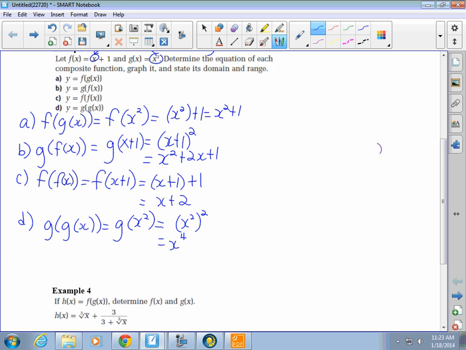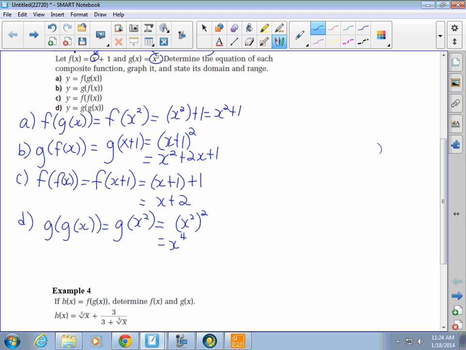The biggest thing to remember when you're doing this is you're substituting a function into a variable. When you're doing function composition, you're substituting an equation into a variable spot.